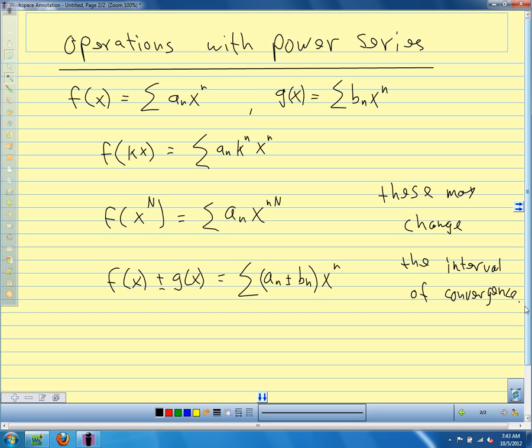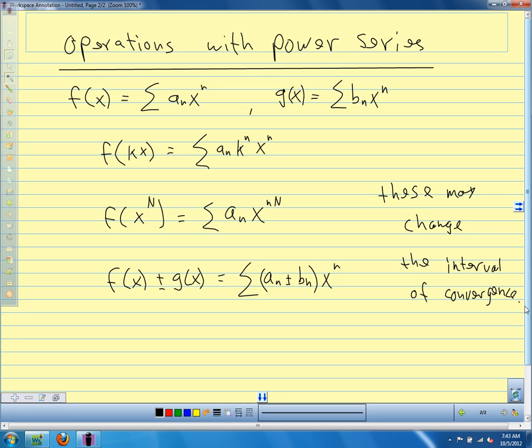So when we perform these operations, we have to then retest our convergence to determine our interval of convergence. So these are the operations that we're going to use when we start actually applying these power series.